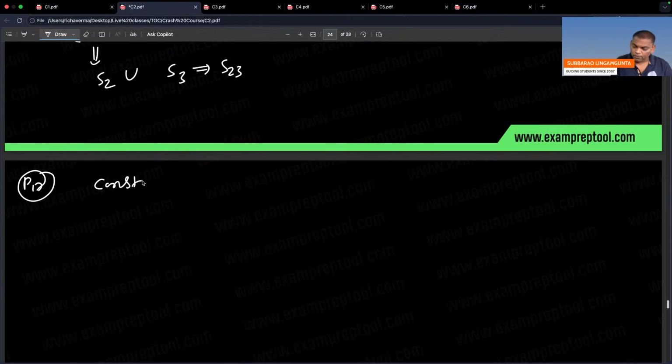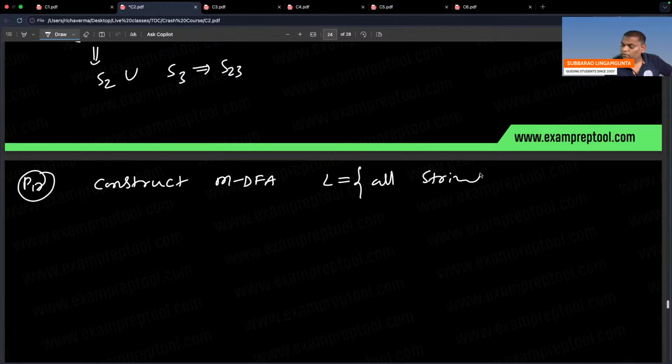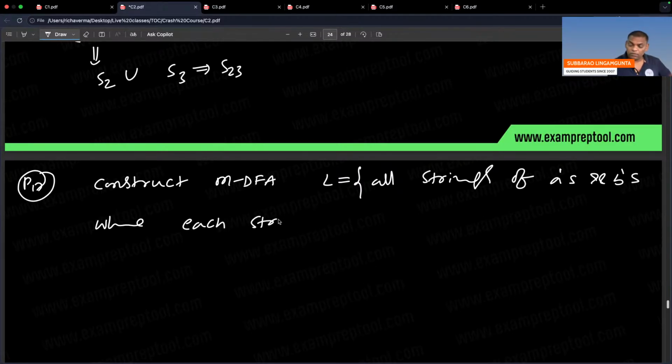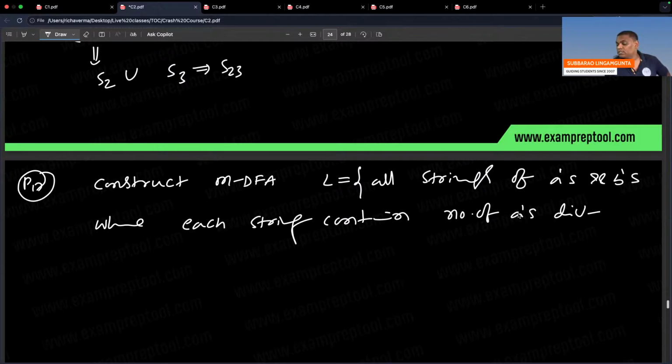Construct a minimal DFA for the language L is equal to all strings of A's and B's, where each string contains a number of A's divisible by 2.